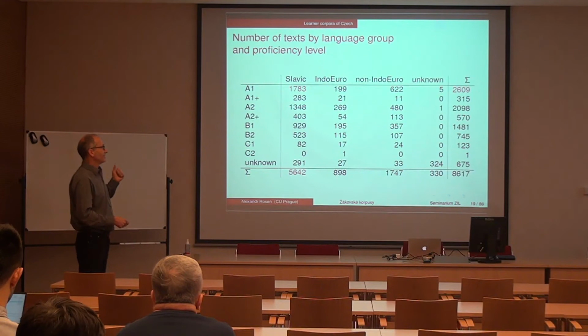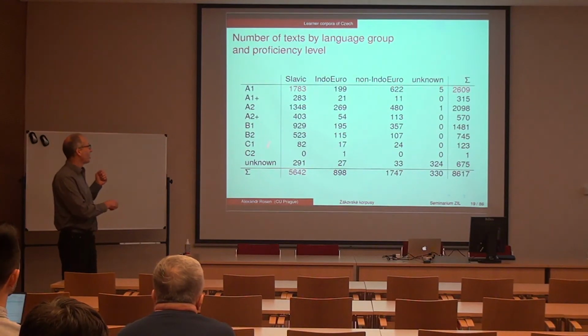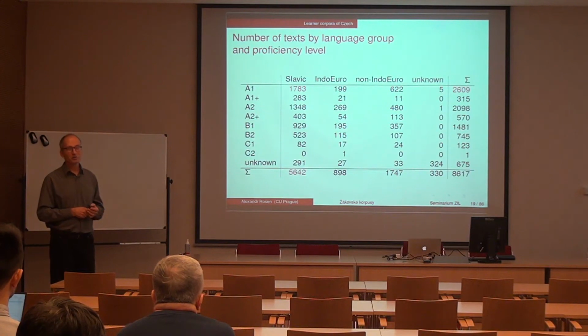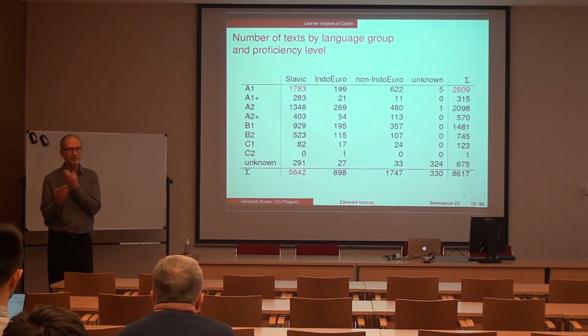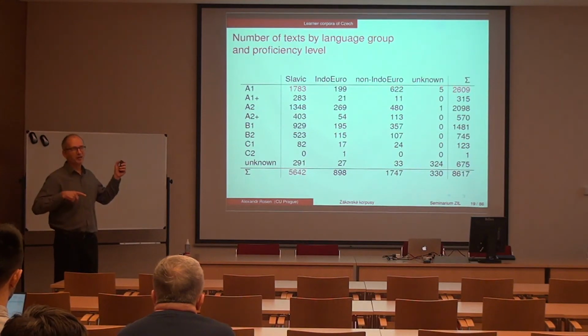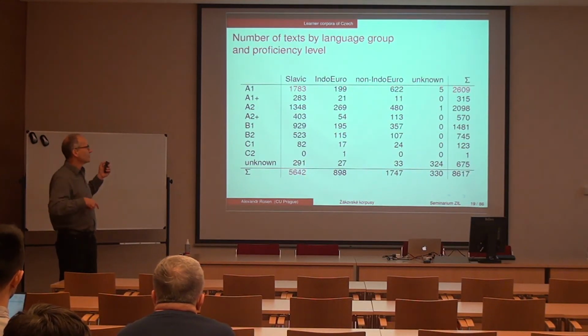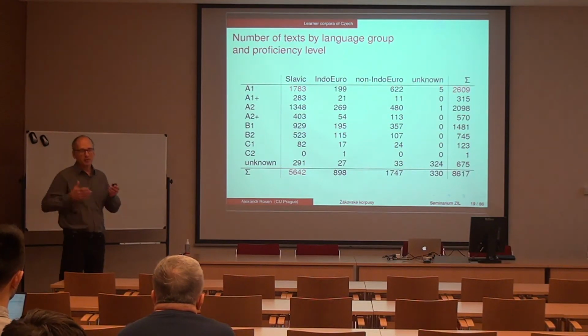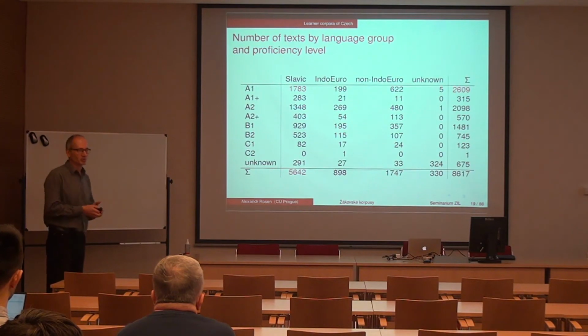But you may ask, how do we know which level it is? So it's usually what the teacher in the class where the texts were collected said. So it's not really reliable. It can be that those A1 Slavic students are actually much better than B1 Chinese students, because it hasn't been checked properly.